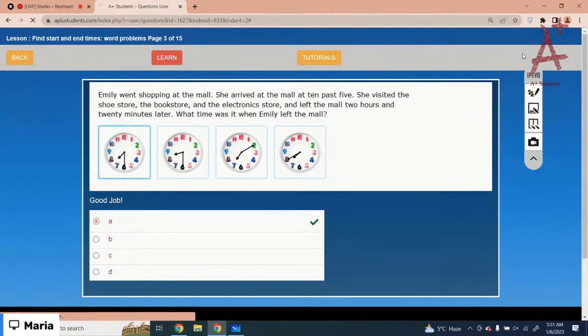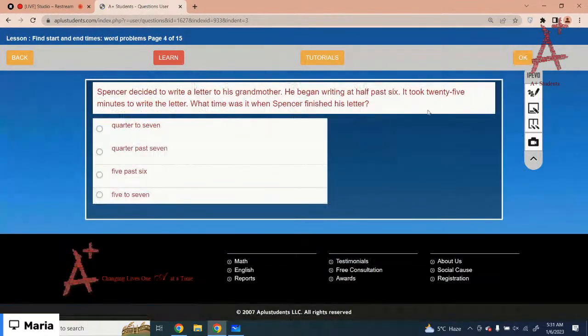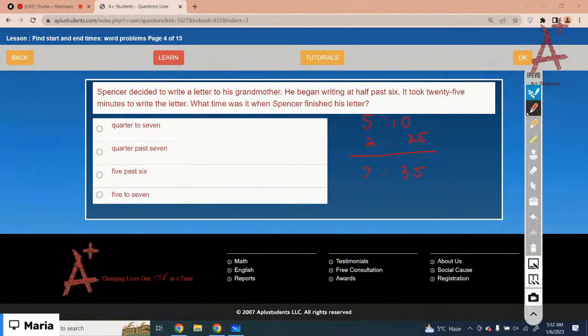Okay, the next one is Spencer decided to write a letter to his grandmother. He began writing at 6:30. Got it? It took 25 minutes to write the letter.